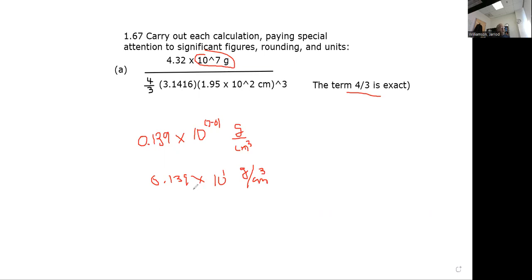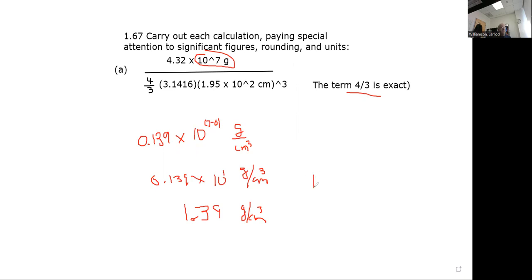And this is pretty small. First off, it's not in standard scientific notation. And the question didn't ask for standard scientific notation. But if I expand this into regular numbers, I'm going to get 1.39 grams per cubic centimeter. And that would be my answer. I wouldn't turn it into scientific notation from here because it's so small.